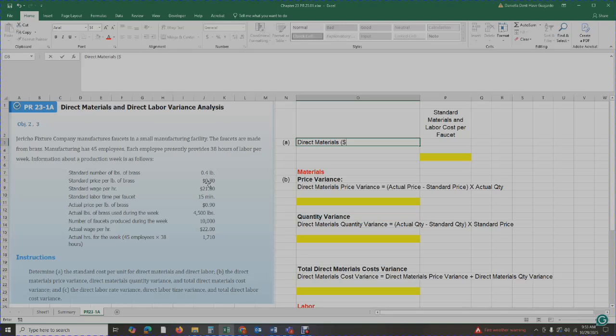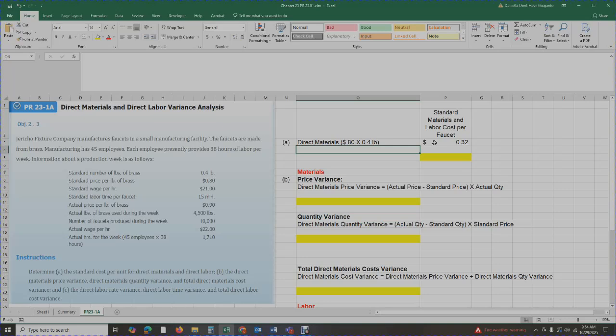We're going to get the 80 cents and multiply by the quantity of brass that we need, which is 0.4 pounds. So I'm going to put it in the formula, 0.80 times 0.4, and that gives me 32 cents of materials, that is your brass that you need, per faucet, okay?